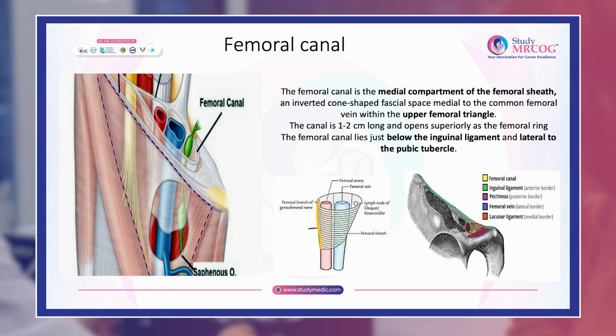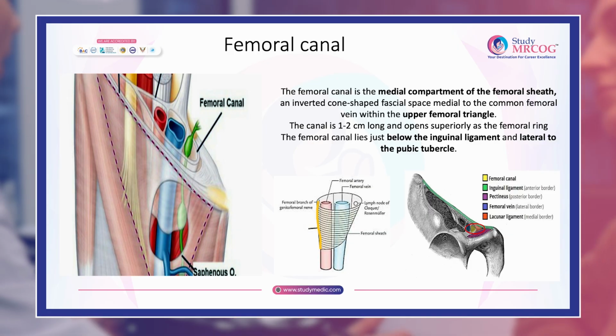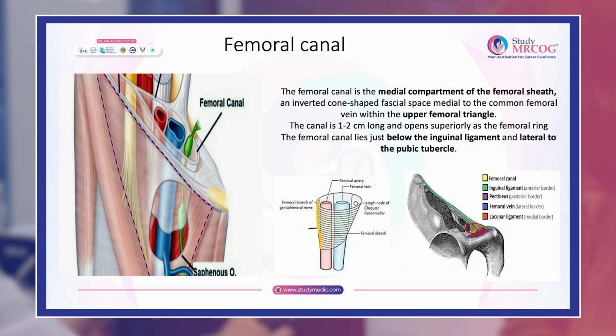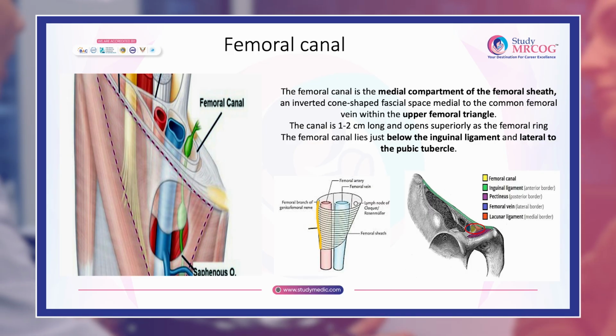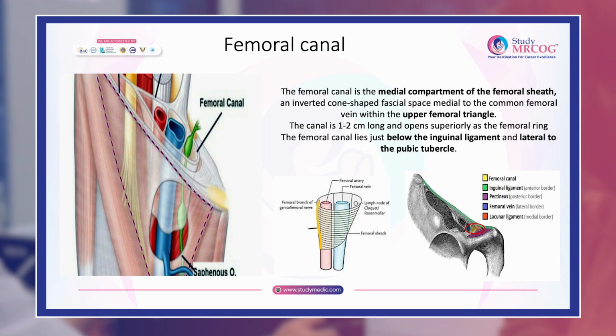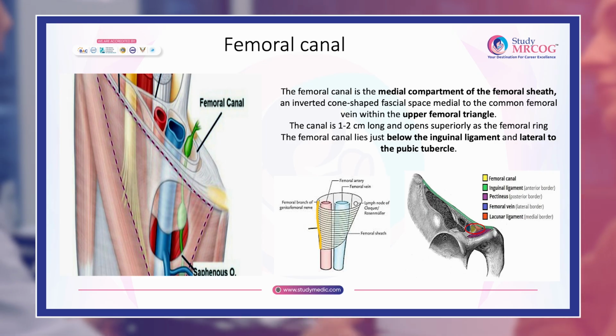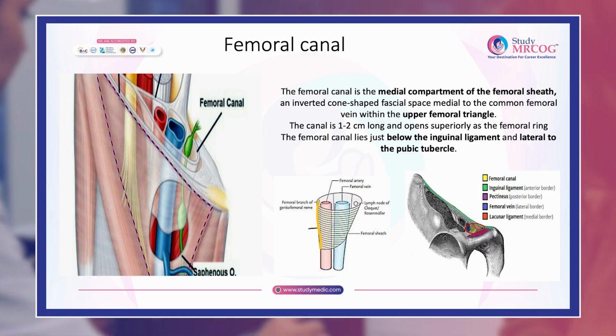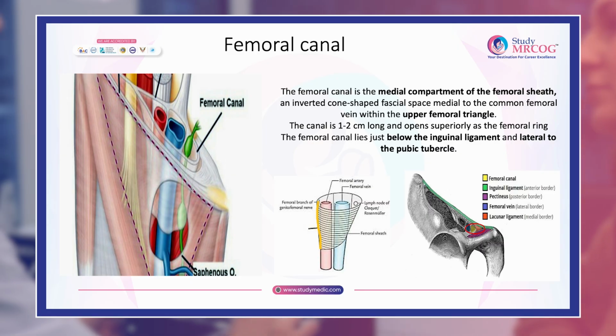There is the lateral compartment containing the femoral artery, the intermediate compartment containing the femoral vein, and the medial compartment, which is where the femoral canal lies. Now this femoral sheath does not enclose the femoral nerve. So the femoral nerve lies outside the femoral sheath.